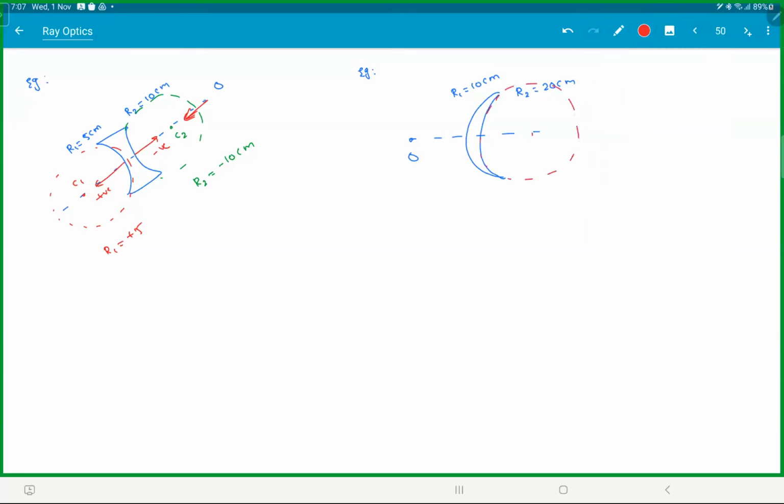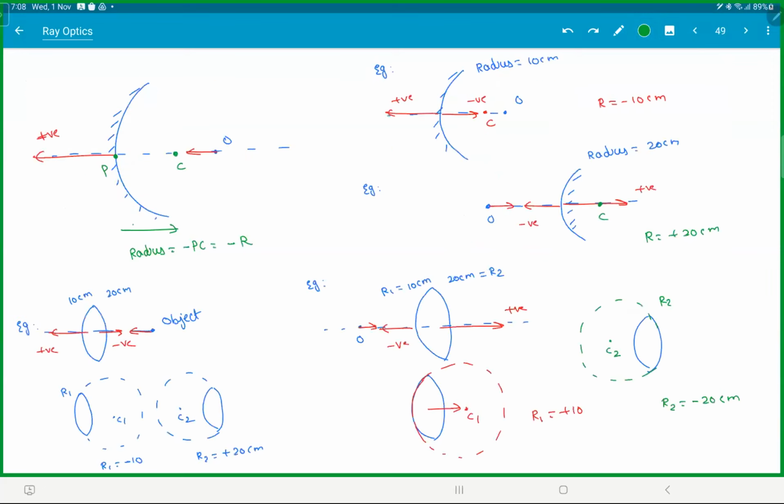This is positive. This is also positive. Clear? Check the examples once. Have a look at the convention.